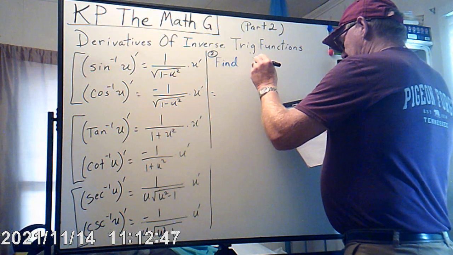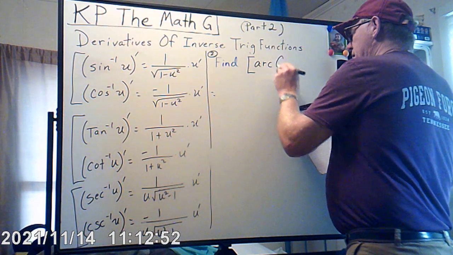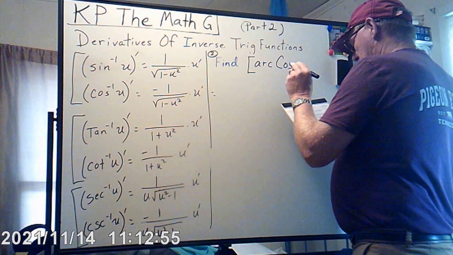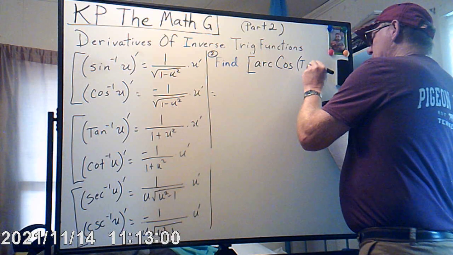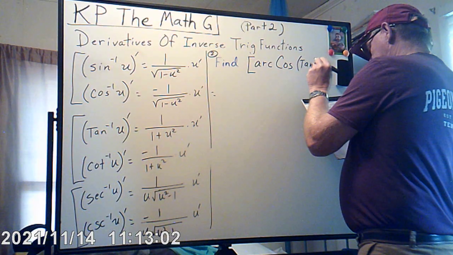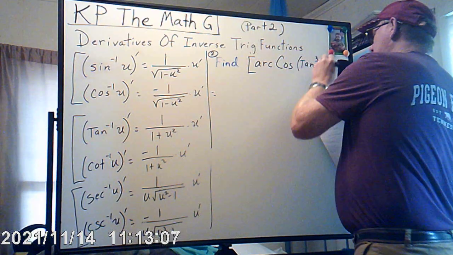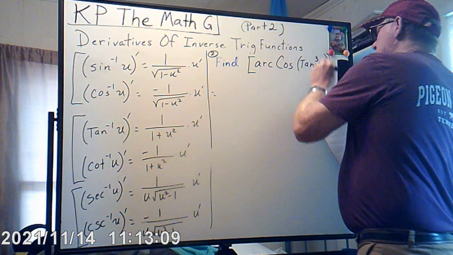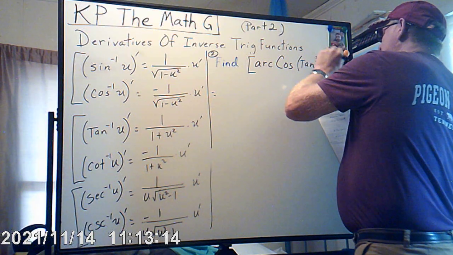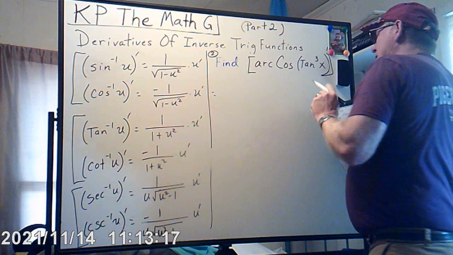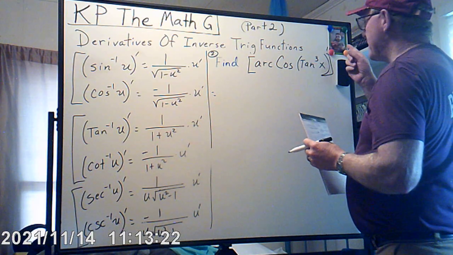So really we could say arc cosine of tangent cubed x. We want to find the derivative of that. We're going to just put that dash right up there like that.